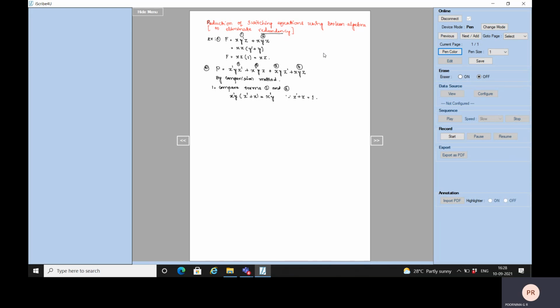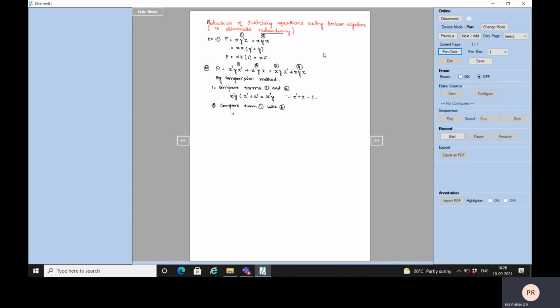Similarly, using the same comparison method, the next step is to compare minterm 1 with 3. Here you can see term 1 is x bar y z bar and the third term is x y z bar.